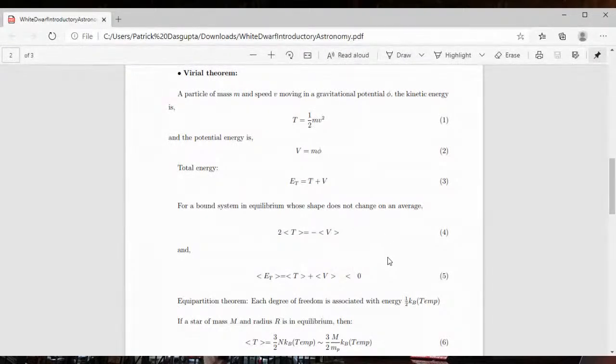So, to summarize what we have established so far: if you are talking about a bound system, a system made out of many particles moving in a potential that is attractive, and let's say the shape of the system is not changing, those who are physics students, by shape I mean the moment of inertia. Whenever the second derivative of the moment of inertia is zero, then you get this result of the virial theorem.